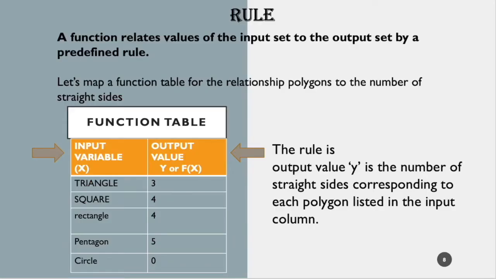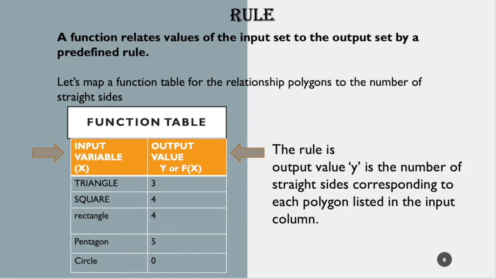These input and output values can be listed in a table form called a function table, or simply a function. Each element in the input variable set of the function table is related to the output set by a rule. In this example, the input set is the names of the polygons.